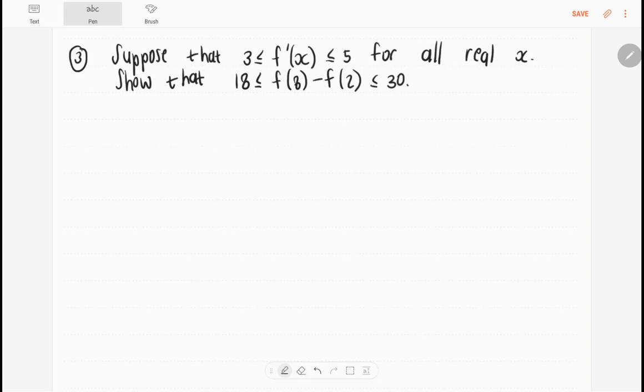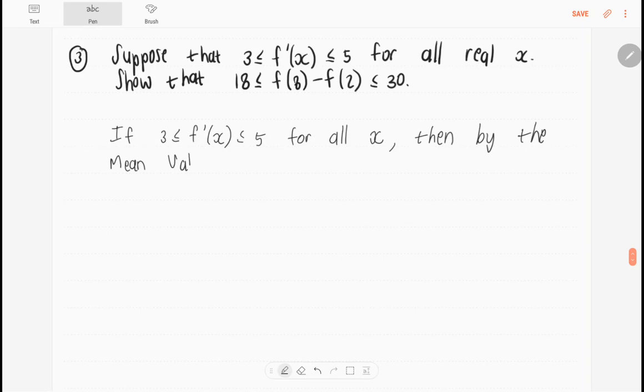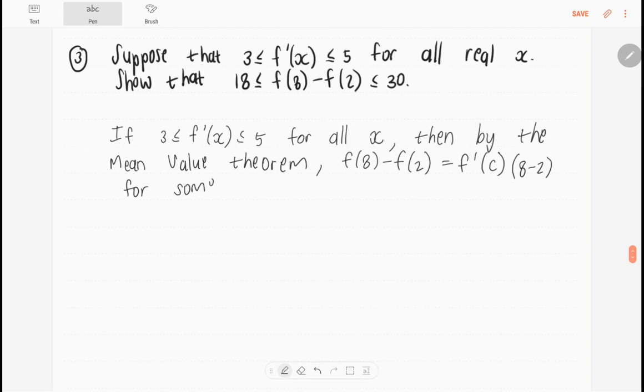So, we're going to start off by saying that if 3 is less than or equal to f's derivative of x, which is less than or equal to 5 for all x, then by the mean value theorem, f of 8 minus f of 2 must be equal to f's derivative at c multiplied by 8 minus 2 for some c in the closed interval 2 to 8.